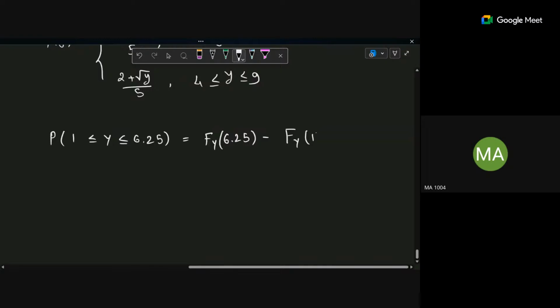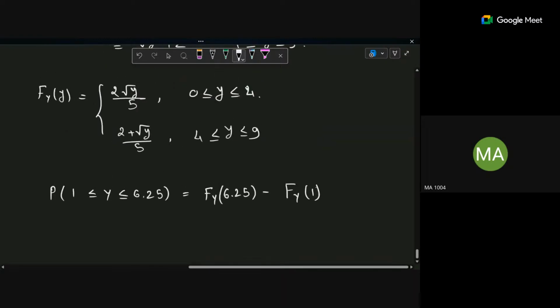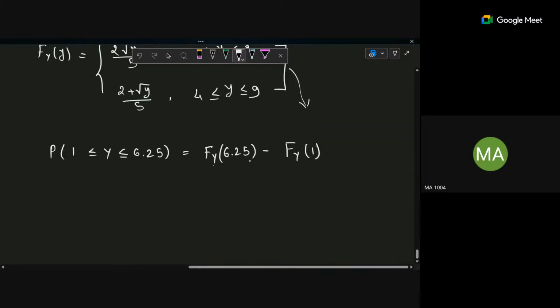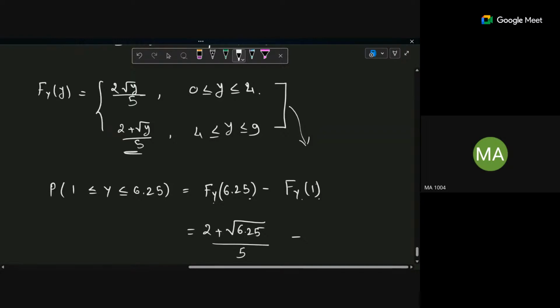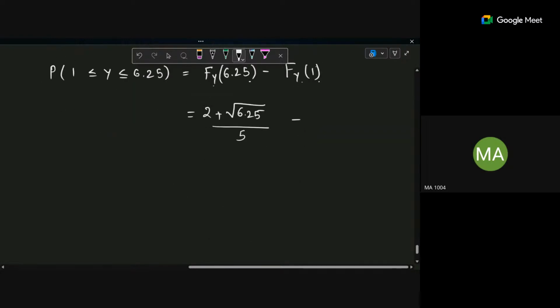So from this fy, we can find what these values are, right? Fy of 6.25, what will it be? It will be 2 plus square root y, that means square root of 6.25, upon 5, minus fy of 1. Fy of 1 is 2 plus square root y by 5.